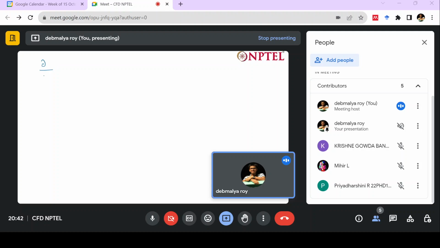So let me first write down our main equation, which is the main transport equation. So this is our main transport equation, and we have discussed in detail this term and this term.